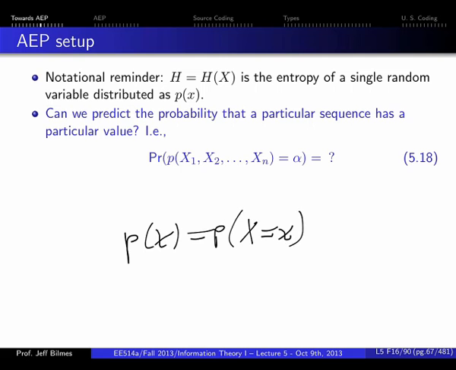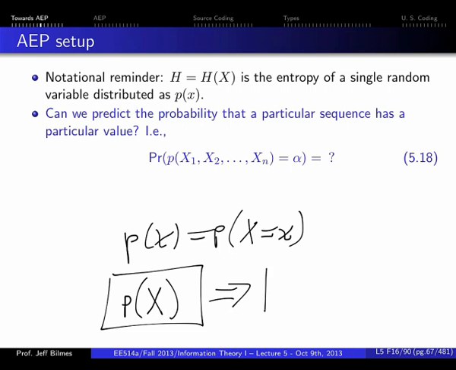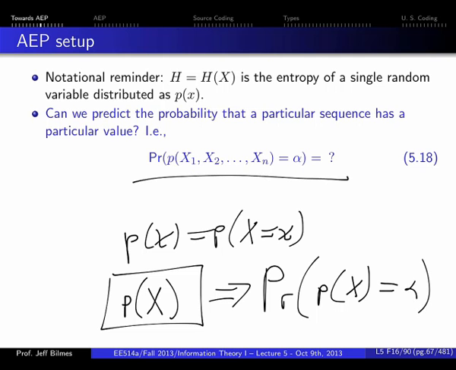But if we talk about probability lowercase p of capital X, this whole thing is a random variable. It's a random variable that happens to be a probability, whose values lie between 0 and 1. So it's perfectly sensible to ask what's the probability of this random variable, p of x, equaling some value.